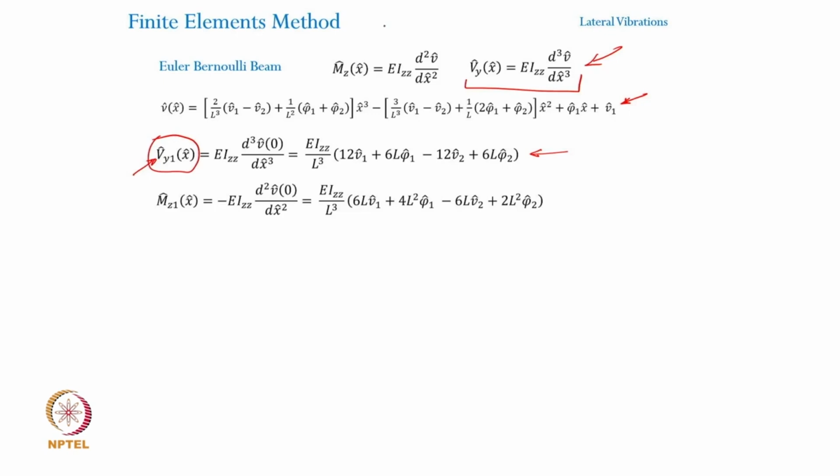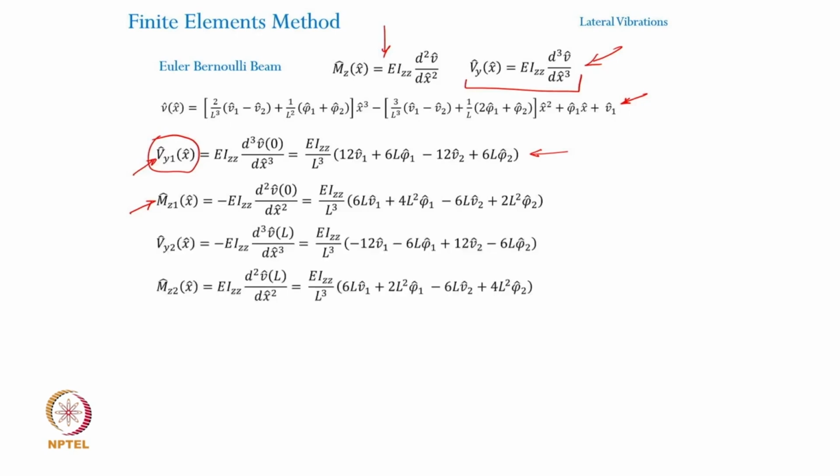On similar lines, if you use this equation, you can get this bending moment expression, and that is a very straightforward algebraic exercise which is left to you to carry out and verify whether these expressions are right or not. Same thing happens at the other extreme end. The shear force and bending moments at x cap equal to L can be obtained.